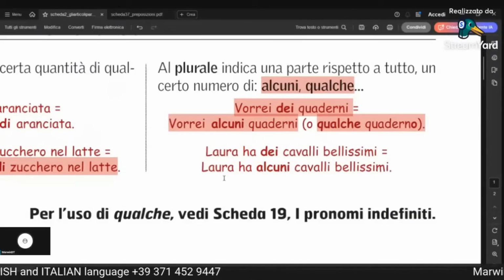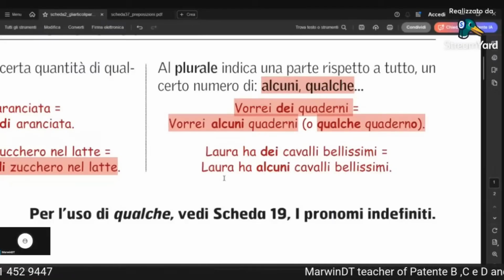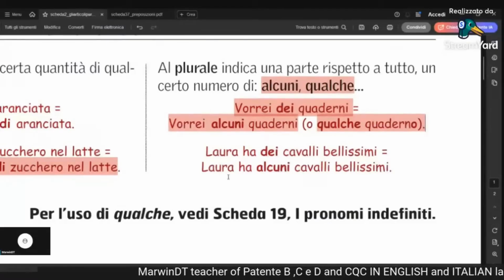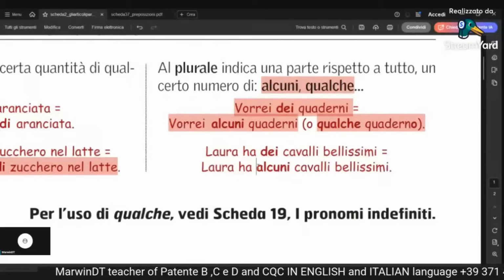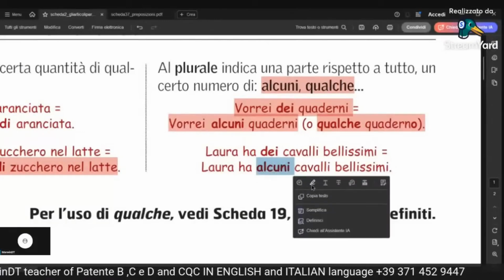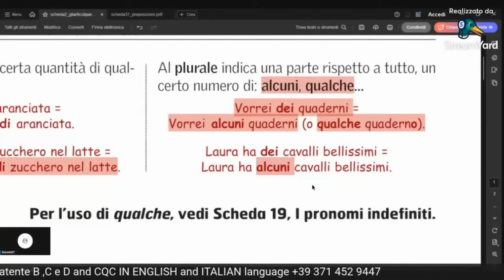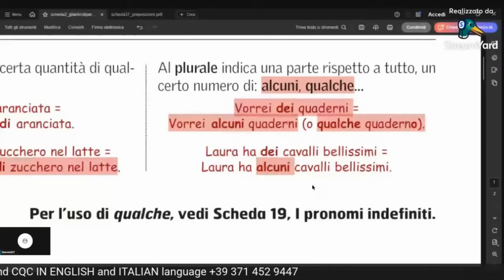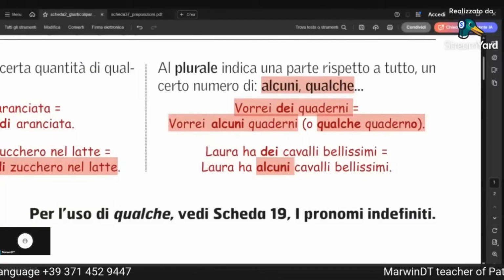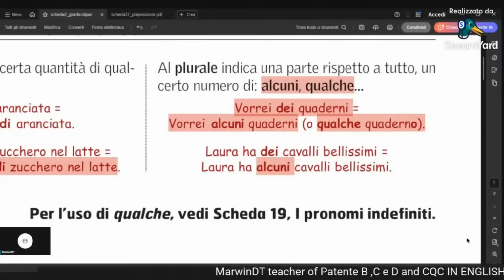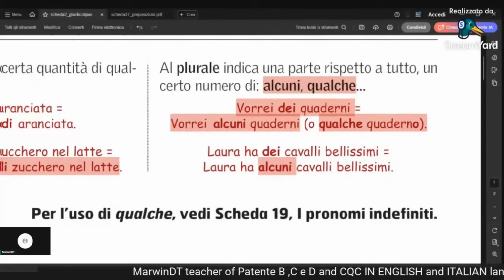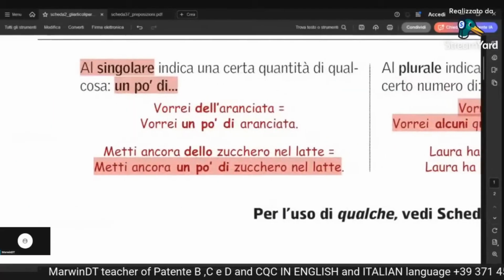So it means Laura has some horses that are beautiful. Very good. Of course, by doing more exercises on it, that's where you remember every part very well. Very good. Let's move forward.